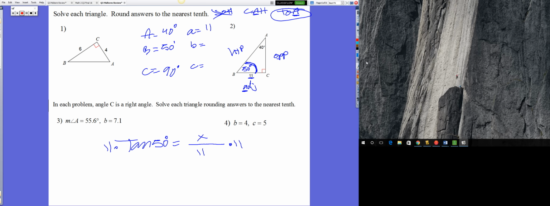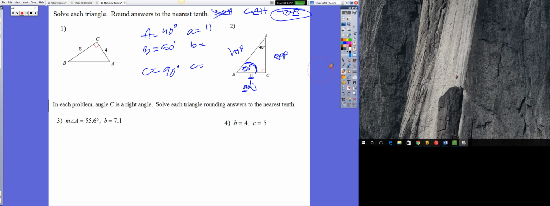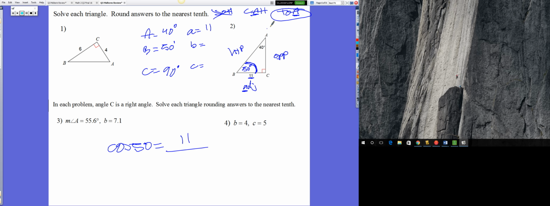Okay, so I want to show you this. Let's do cosine instead of tangent, because I think that you'll get the same answer, but with cosine the equation is a little bit harder. Because look, if we do cosine from 50, cosine is adjacent on top, that's 11 on top, over hypotenuse on bottom. Hypotenuse you don't know what it is, so you can just call it x. Now, when your variable's on the bottom, that kind of sucks. This is one more step. It's a little more challenging.